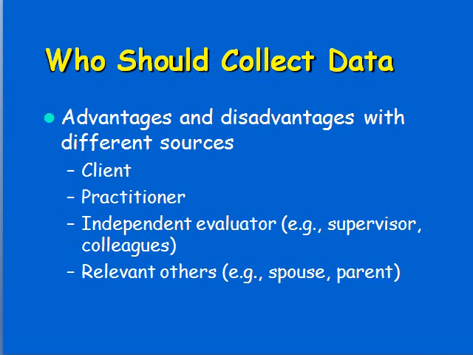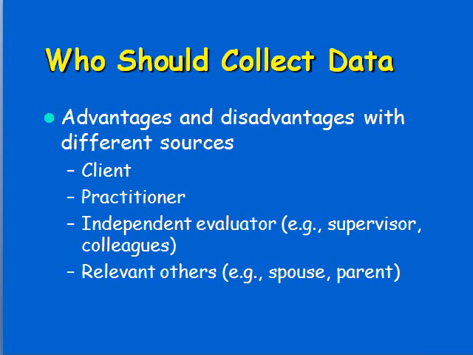Because, we read in the textbook, yes, we use these various methods, but if the client is unwilling or unmotivated to collect the data, then you don't have much to work with in terms of using a single system design and repeated measures.